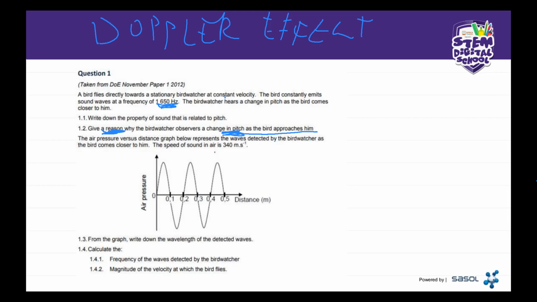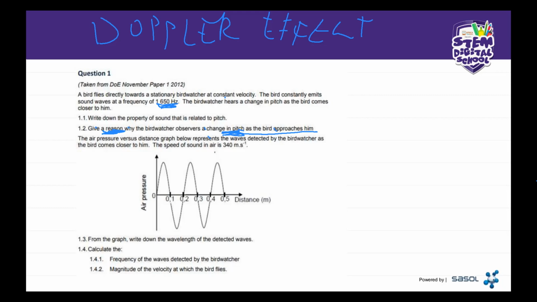Okay, so the Doppler effect is a noun. It's a word for something that is happening. It's not a reason for it. So now they ask, give a reason why the bird watcher observes a change in pitch as the bird approaches him.